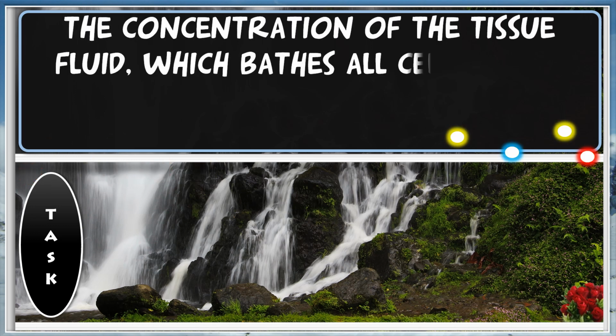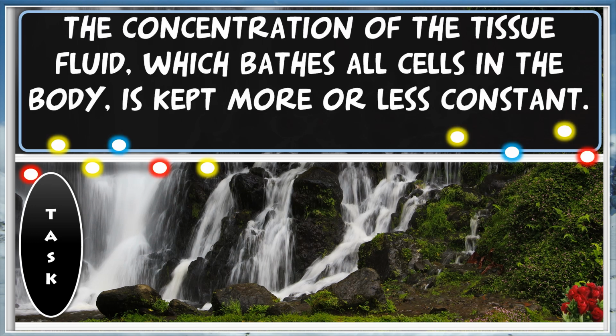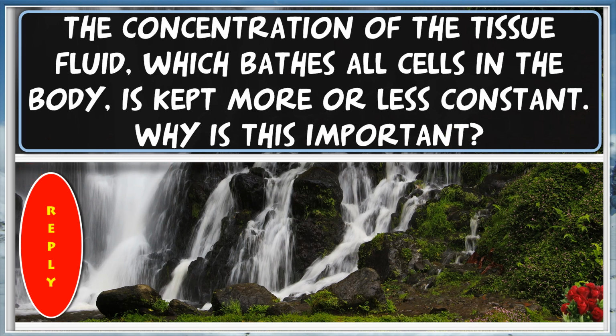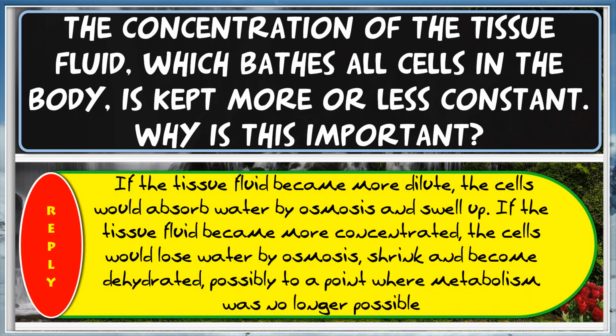The concentration of the tissue fluid, which bathes all cells in the body, is kept more or less constant. Why is this important? If the tissue fluid became more dilute, the cells would absorb water by osmosis and swell up.